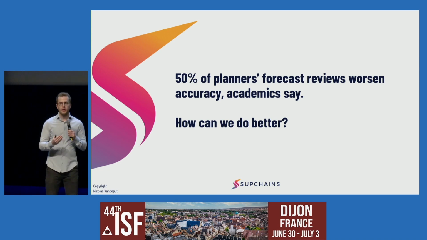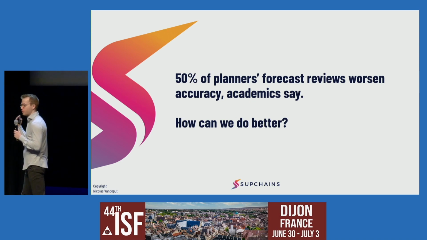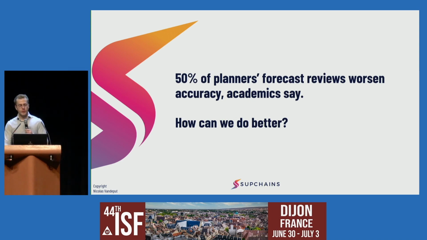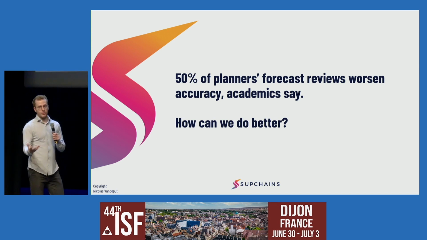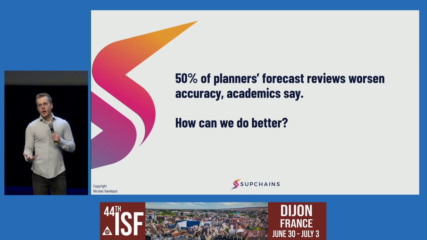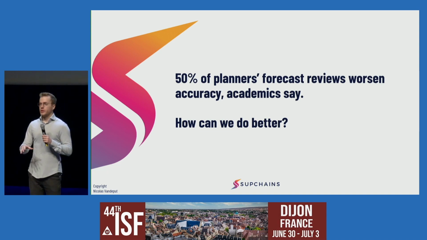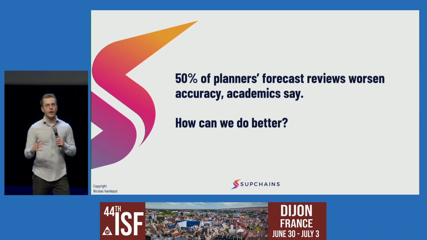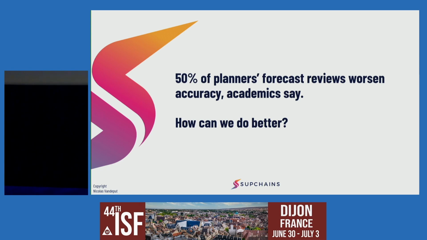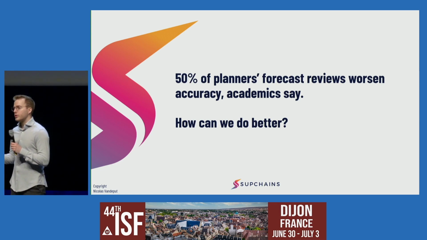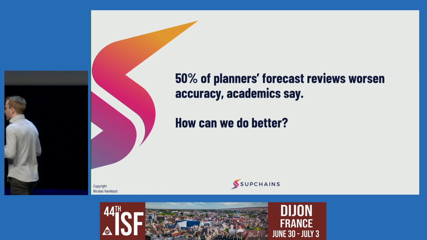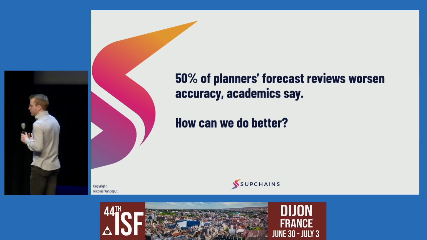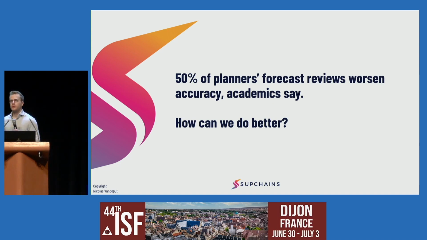They ran multiple research, and I'm summarizing a lot of research in just one sentence, but they concluded that 50% of the time when a human reviews, enriches, or changes a forecast, they don't add value, which is a nice way to say that they destroy value, which is still a nice way to say that if they don't touch it, the total accuracy would still be more or less the same. Okay, so we are not good at forecasting demand as supply chain professionals. In the next 40 minutes, I'll try to give you an answer: what can we do as humans and how will machine learning fit into this picture, okay?